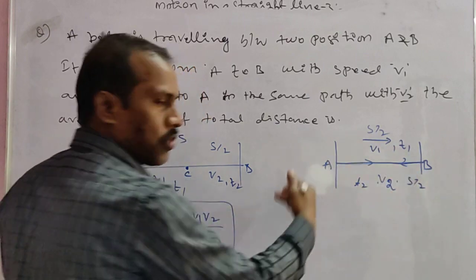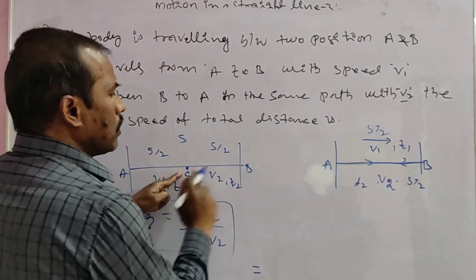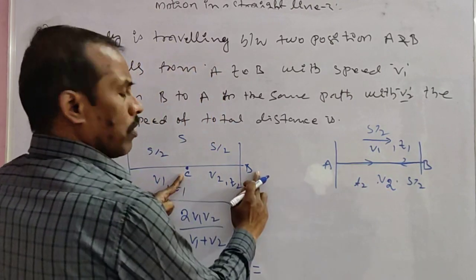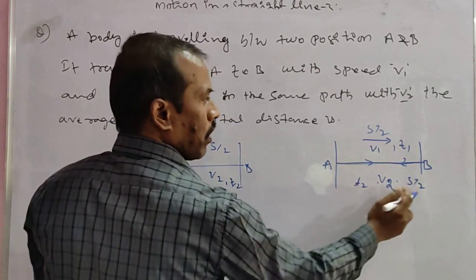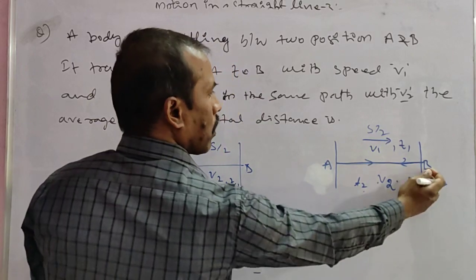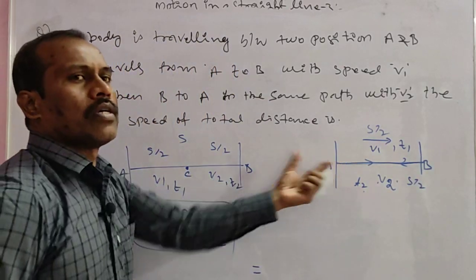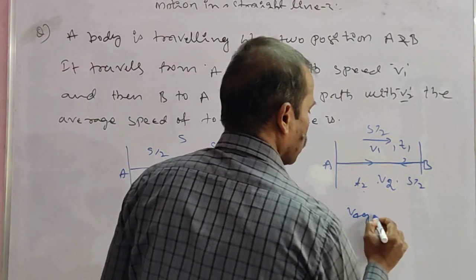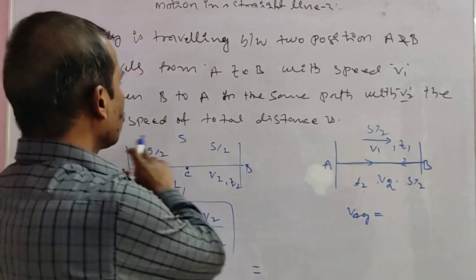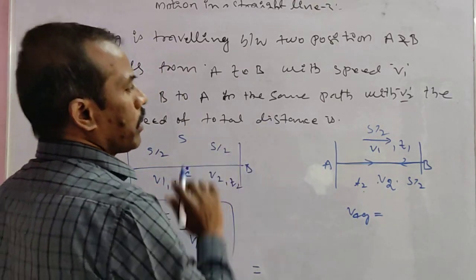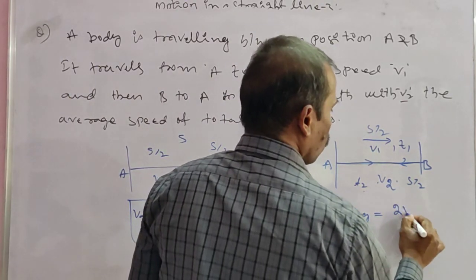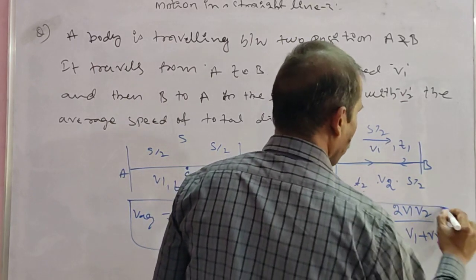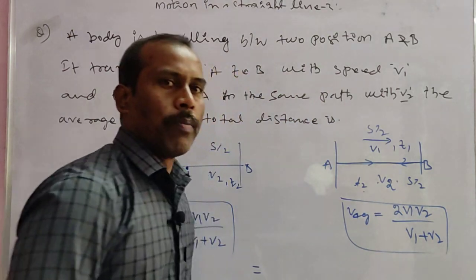Next, C to B: velocity v2, time taken T2, displacement S by 2. So this is the same, compare. Same formula: average speed over the total distance is 2v1 v2 by v1 plus v2. This is a very important problem, a very important concept.